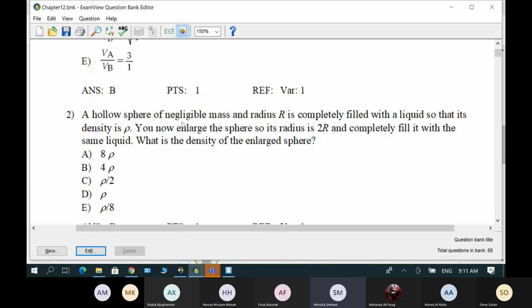For example, if the density of water is 1000 for 1 cubic meter of water, and I make it 4 cubic meters of water, increase the volume, I would have the same density. So the density does not depend on the mass or the volume of the sample that you have. It depends on the type of the material. Here, did we change the type of the material?